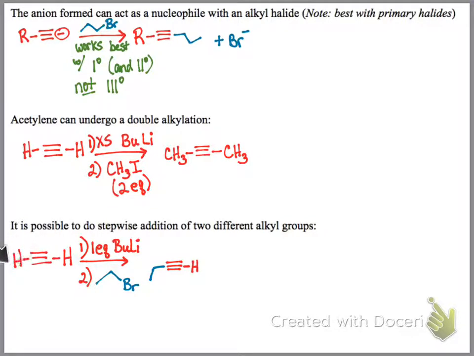It'll deprotonate one hydrogen and then it will add just on one side. And then once you have the middle compound, you can do it again, add another one equivalent of base, butyllithium, and add another halide, in this case butyl bromide, and it will add on the other side. So we'll get the ethyl group on one side and the butyl group on the other side. You have to do it in two steps. You cannot combine it or you'll get a big mixture. So you have to specify that it would be one step at a time.